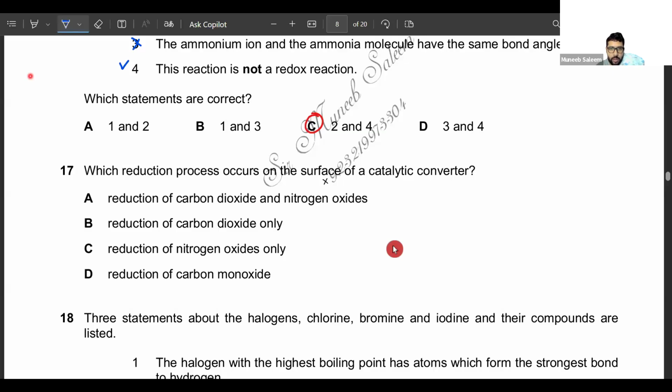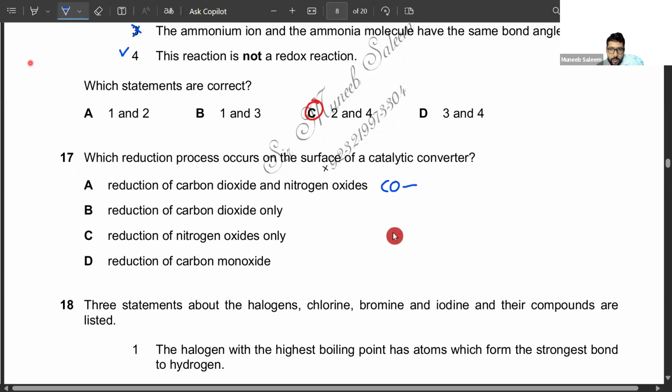We remember that carbon monoxide converts into carbon dioxide. That is a gain of oxygen, and gain of oxygen means it's an oxidation reaction, not reduction.